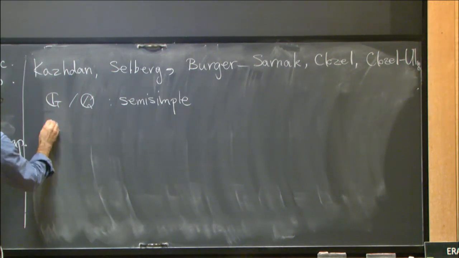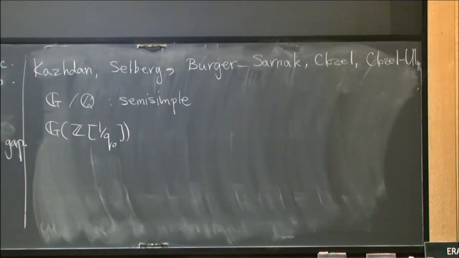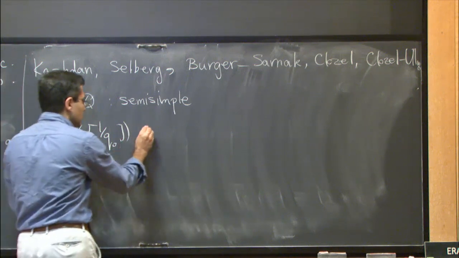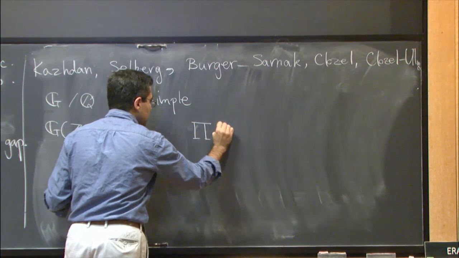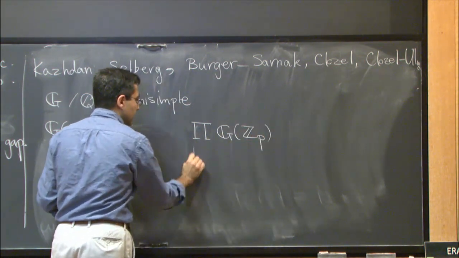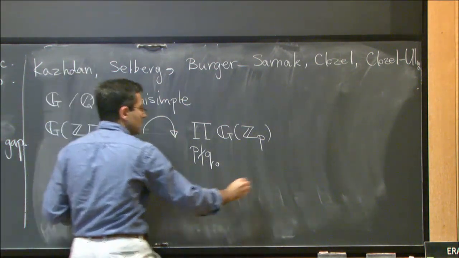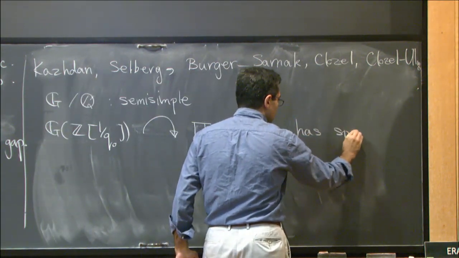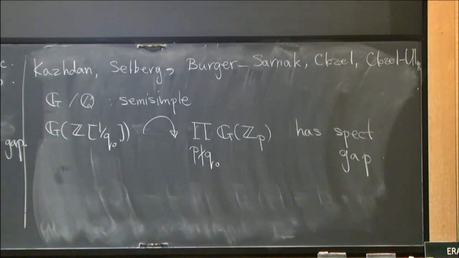Then if I look at the entries of this group that come from Z joined with the elements whose denominator is a power of q0 or a multiple of q0, then this can be embedded into the product of G(Z_p)s as long as p doesn't divide q0, and this action has a spectral gap. Okay, so in the arithmetic setting, now we have the best understanding.